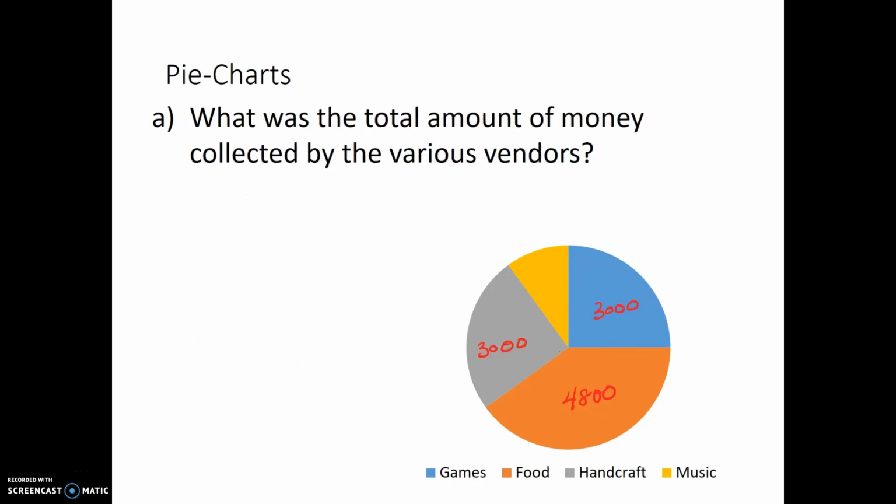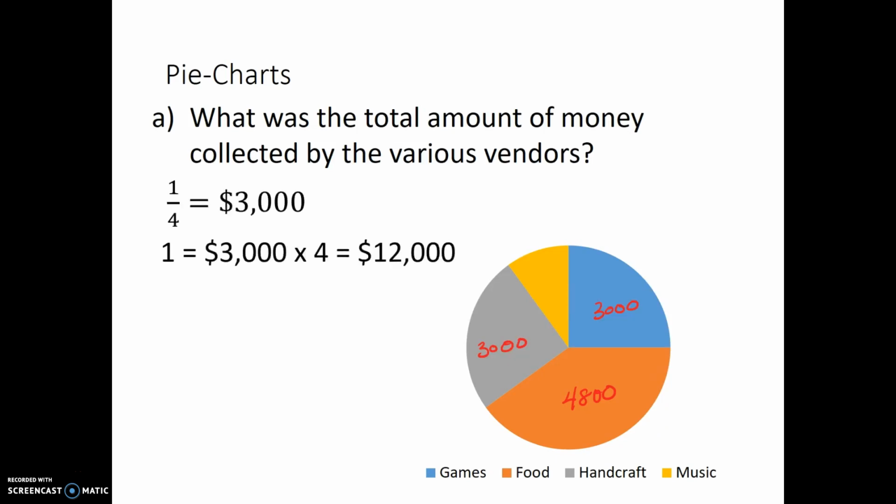Our next question asks, what was the total amount of money collected by the various vendors? Well, there's a problem here because I have amounts filled in for games, handicraft, and food booths, but I don't have anything for music, so I can't just add these. Well, what I can do, though, is use the unitary method.